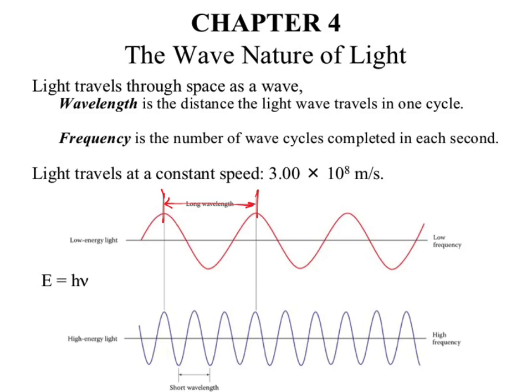What symbol do we choose? Fancy V isn't a bad idea, except that's not wavelength. That's frequency. We use lambda. Lambda is our Greek symbol for wavelength. So you use L, but in another language.